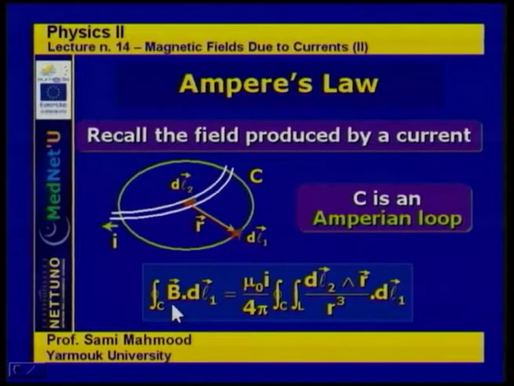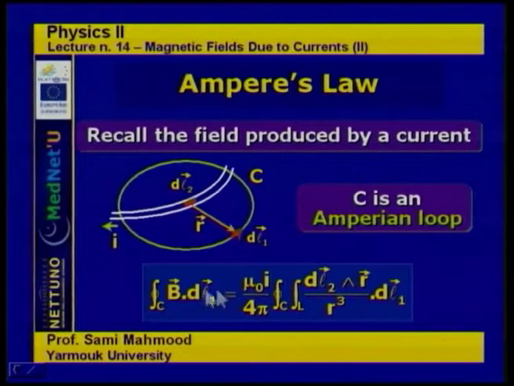So if we take the magnetic field B dot dl1, which is the element on the Amperian loop, and we evaluate this over all the Amperian loop, what do we have?